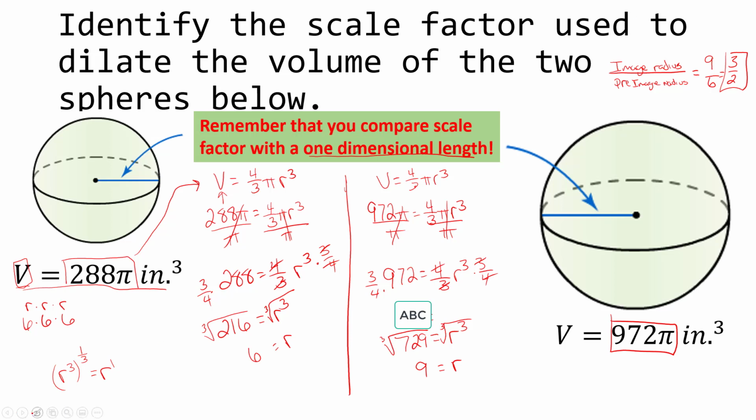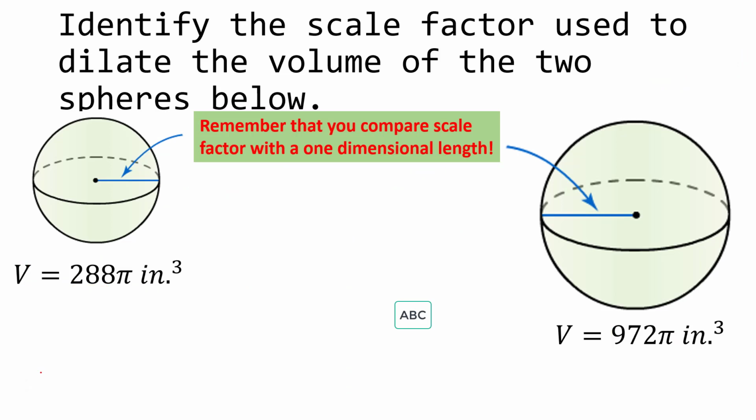Now, that is one way to find the scale factor. We've determined that the scale factor is 3/2. There is a secondary way, and I'm fine with you using it as long as you're careful when you do so.